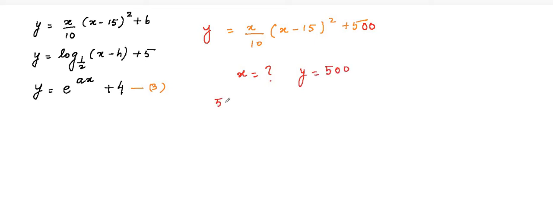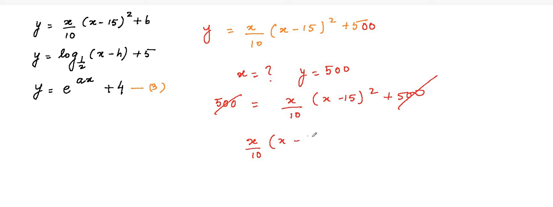So it is going to be 500 equal to X by 10, (X minus 15) whole squared, plus 500. We have already calculated the value of b, that's why. So this gets cancelled out, and we are left with X by 10, (X minus 15) whole squared, which is equal to 0.